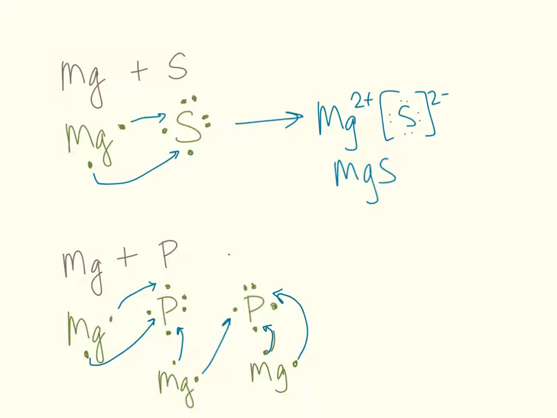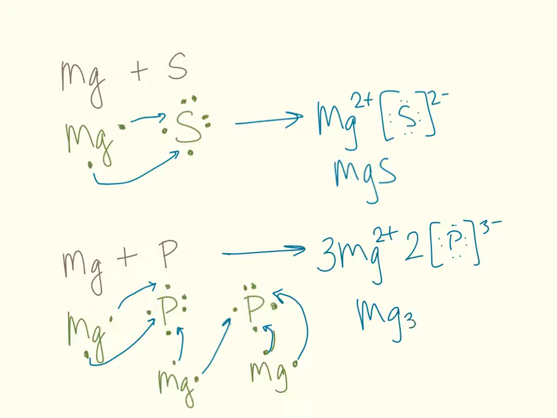And so what I end up getting is 3 magnesium 2 pluses and 2 phosphides with a 3 negative charge. And then my formula is going to be Mg3P2.